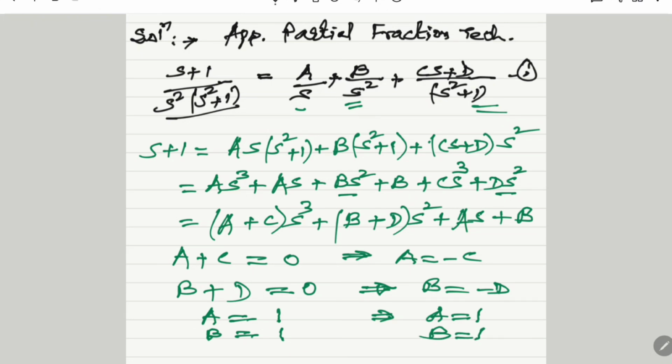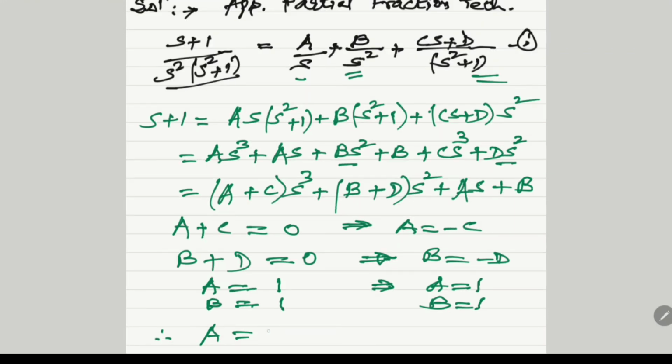Substituting these values, a is 1, b is 1, c is minus 1 and d is minus b, that is minus 1. So a is 1, b is 1, c is minus 1, d is minus 1.